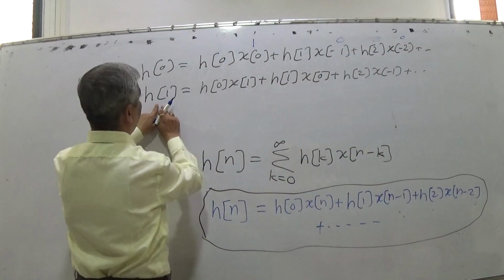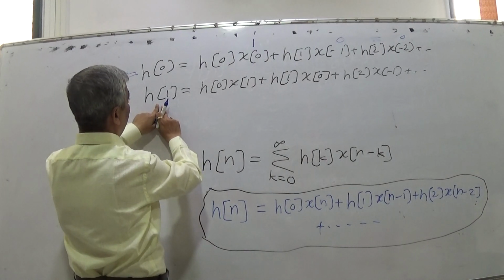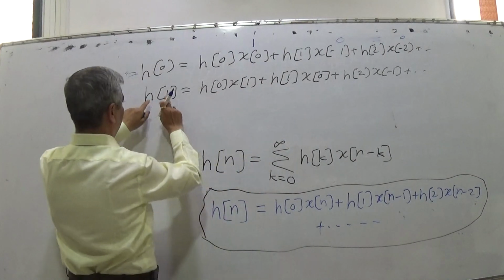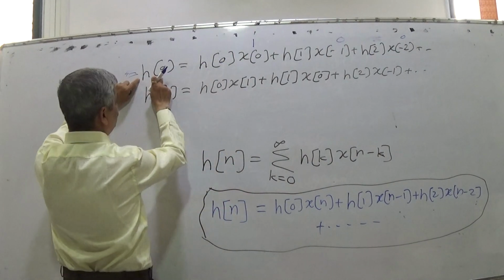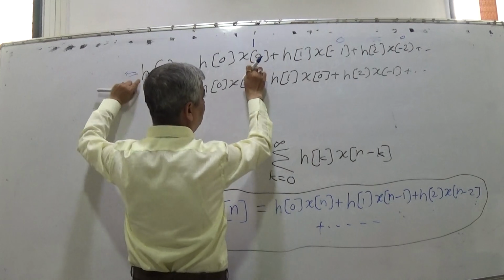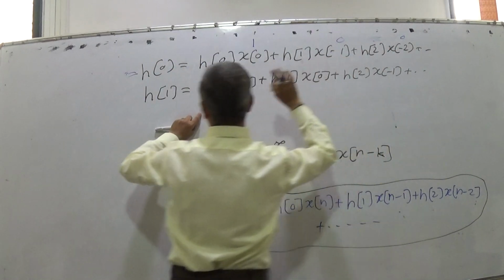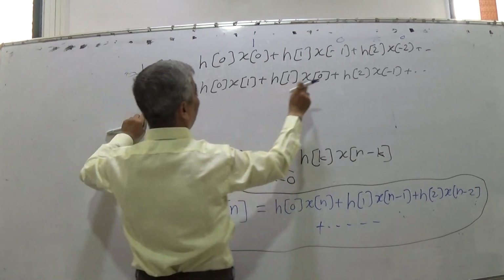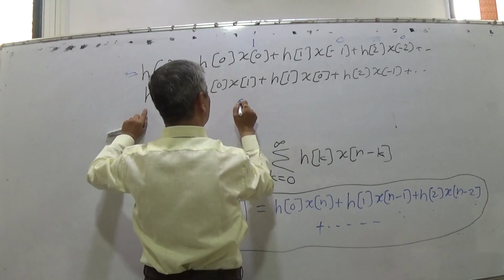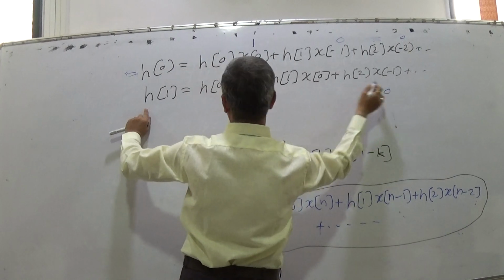Now h1 should be h0 should be this, means what? For this to be true, h0 must be 1, all others are 0. For this to be true, h0 must be 1, this must also be 0, this must also be 0.